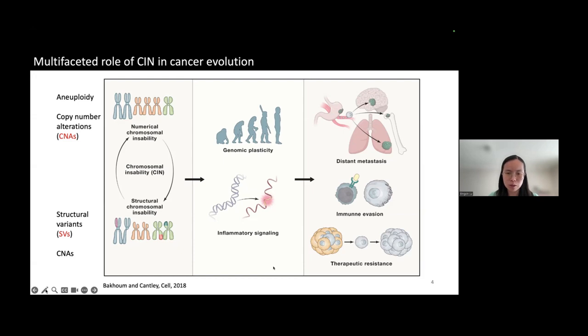It can also cause cellular stresses and inflammatory signaling. As a result, CIN facilitates several processes, including metastasis, where cancer cells spread from the primary location to distant tissues, immune evasion, where cancer cells acquire the ability to evade immune recognition, and therapeutic resistance, in which a population of cancer cells may expand after treatment.